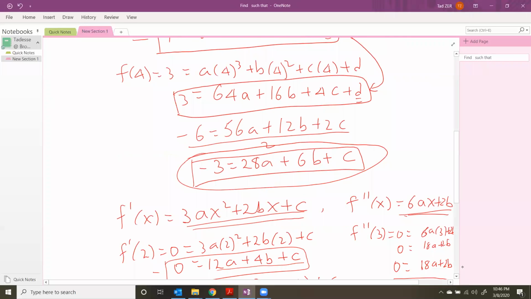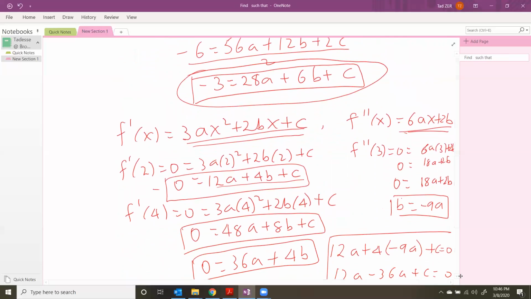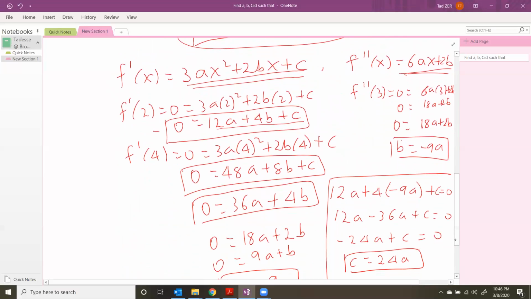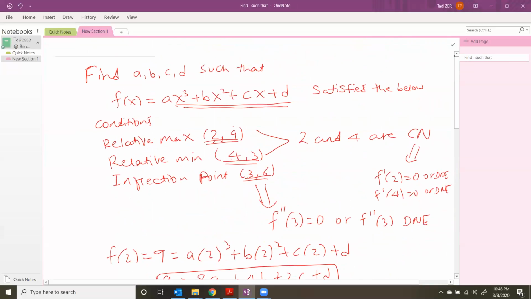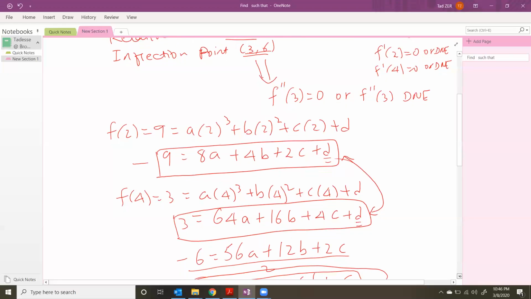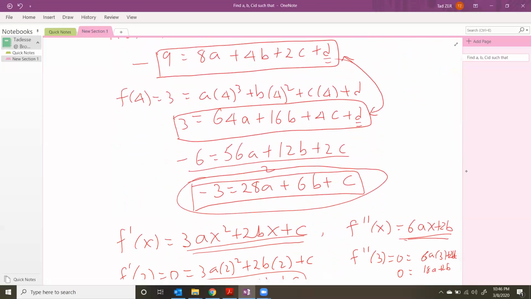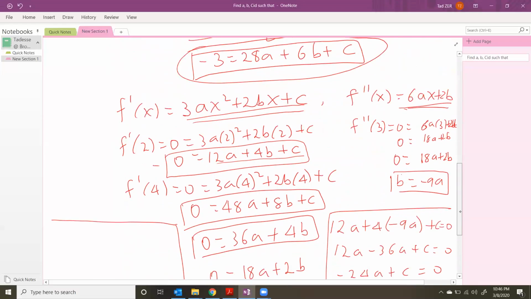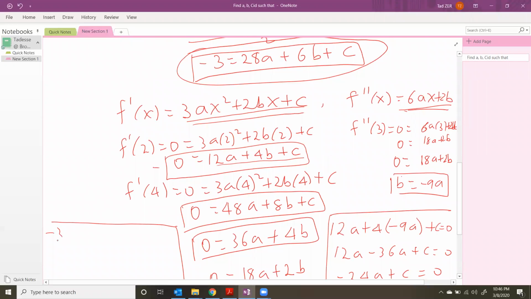So it says what? Negative 3 equal to 28a plus 6b plus c.